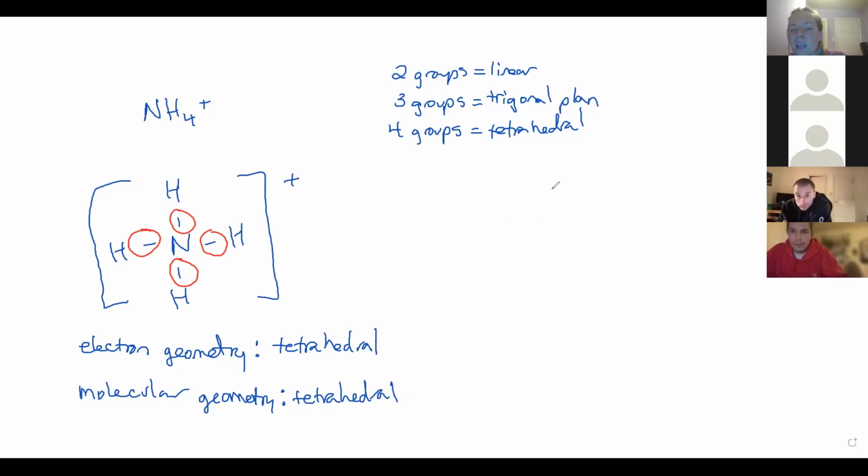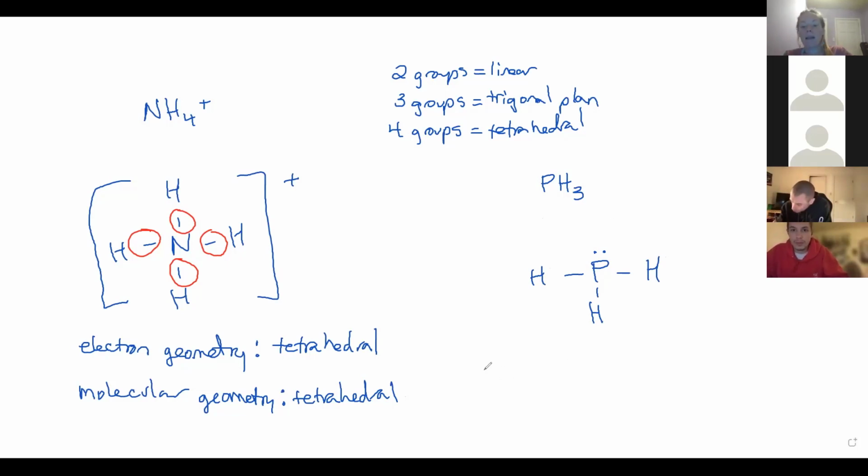So we had in your notes PH3, right? That was P in the center, H, H, H. We stuck it together, and then we had, oh, those pesky lone pairs of electrons, okay?